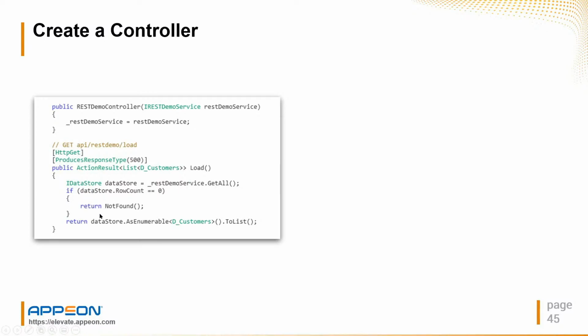If the row count is 0, I'm going to return a not found error. If it's not 0, I'm just going to return the results that are in the data store. But here's where System.Linq comes in. I'm going to return it as enumerable, indicate the POCO class that I'm returning, and say ToList, and that actually returns it back as a list.